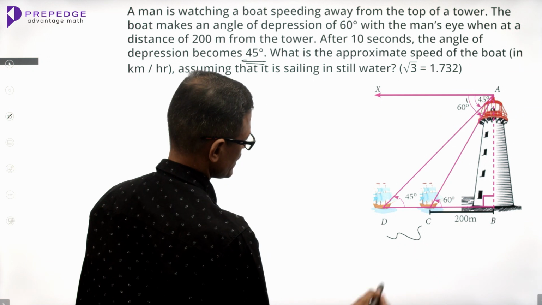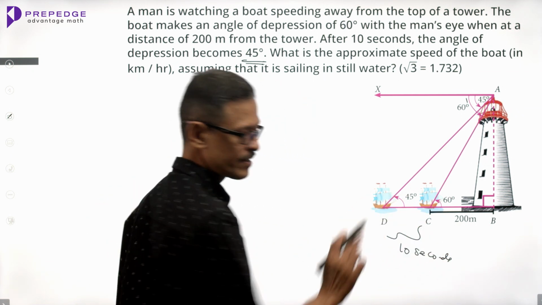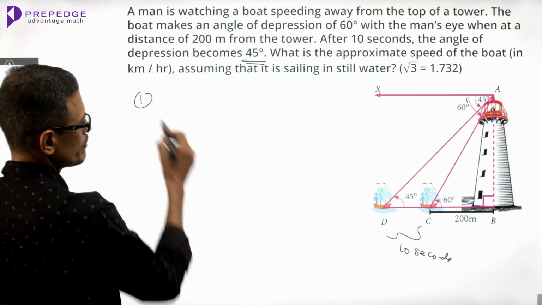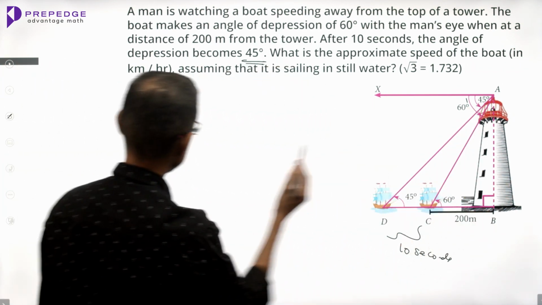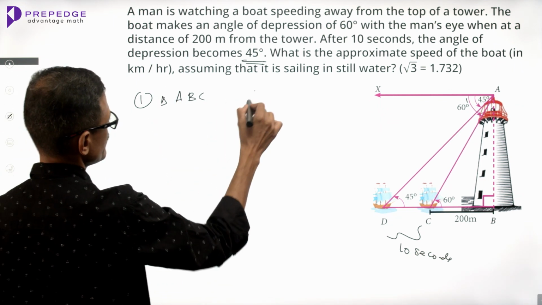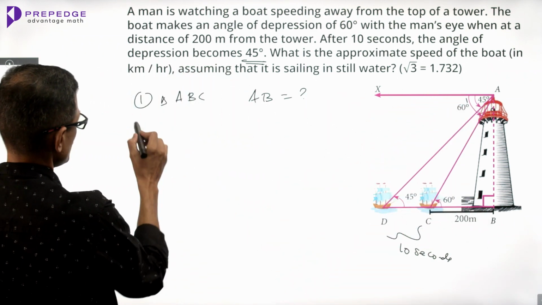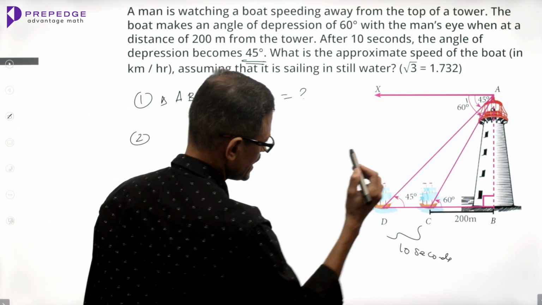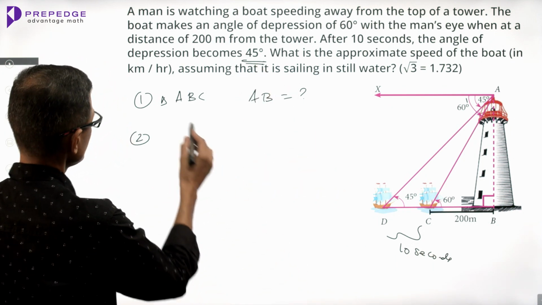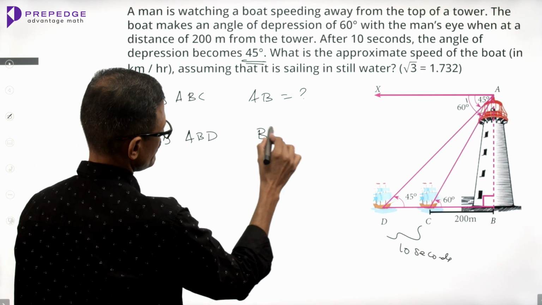To go from C to D, it would have taken essentially 10 seconds, so the time taken here is 10 seconds. How are we going to find it? Step 1: we will compute the height of this tower AB, so in triangle ABC we will compute AB. Once we find that, because this angle is 45 degrees, BD will be the same as AB, we can say that immediately, but we'll say that in triangle ABD we will next compute the value of BD.